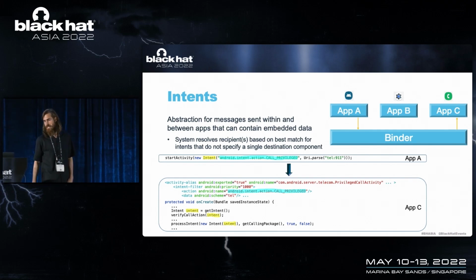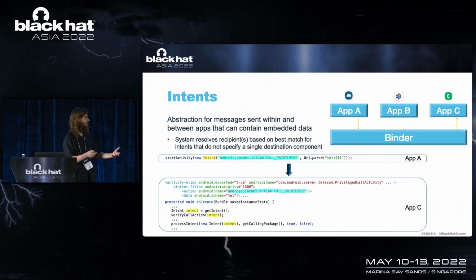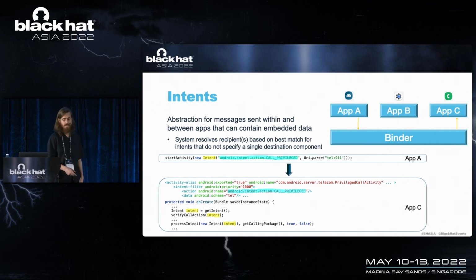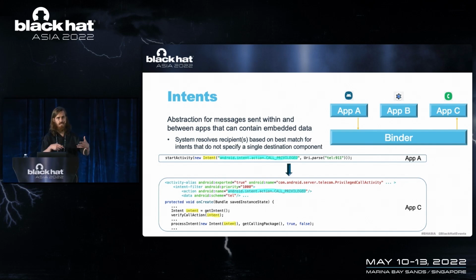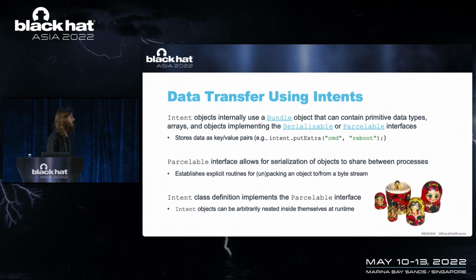It happens to be call privileged, and then provides a URI, which is a phone number. It sends this intent to the system, and application C registers for the same action. So the system resolves the intent and routes it to application C, and application C receives it, and then it can get whatever embedded data is contained within the intent and process it.